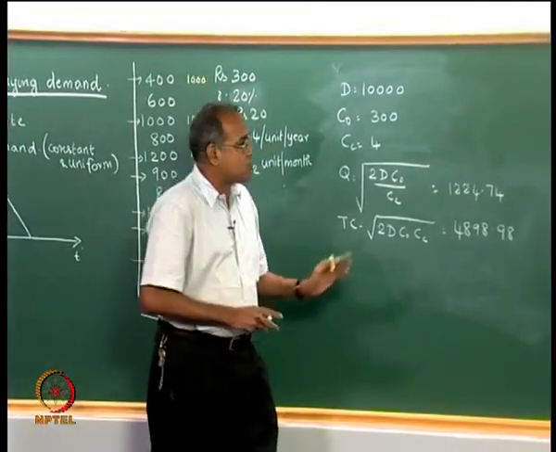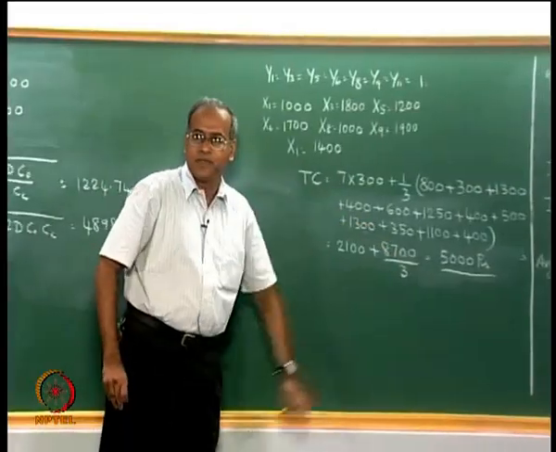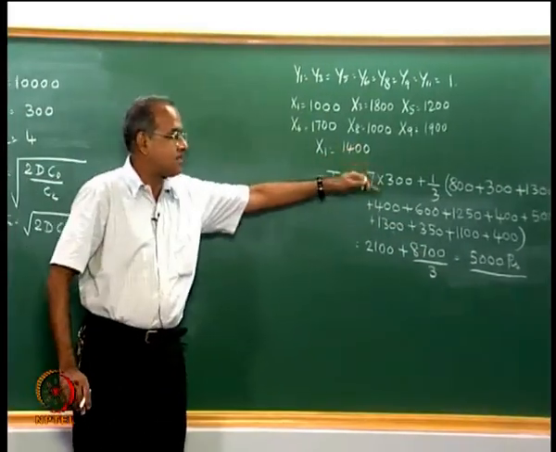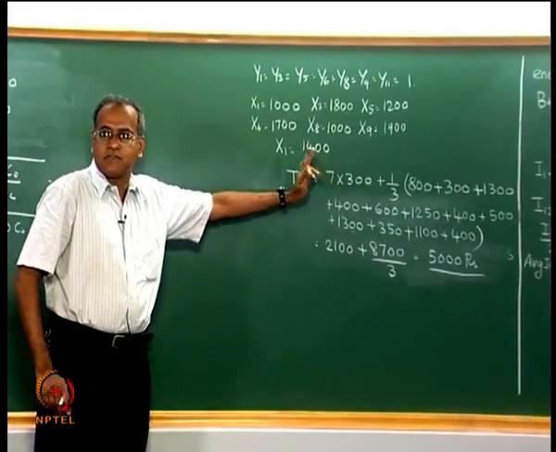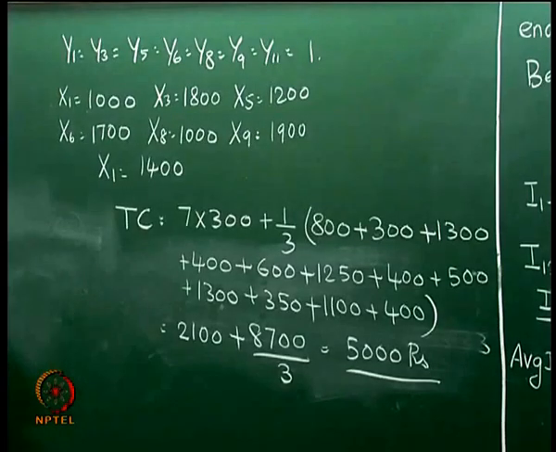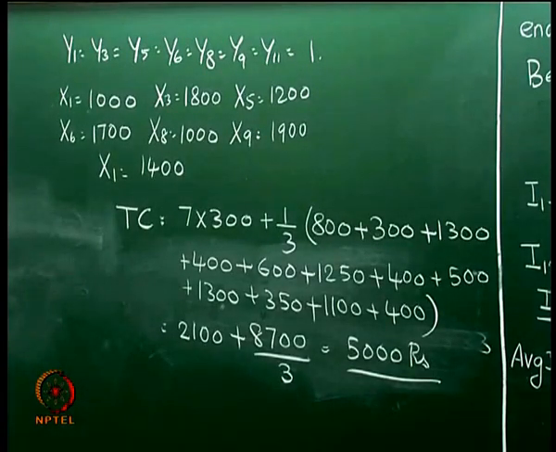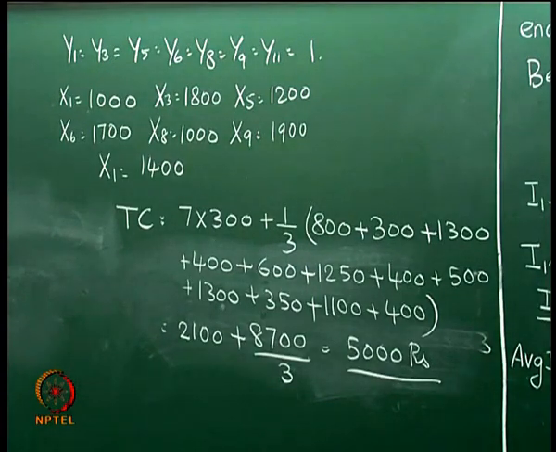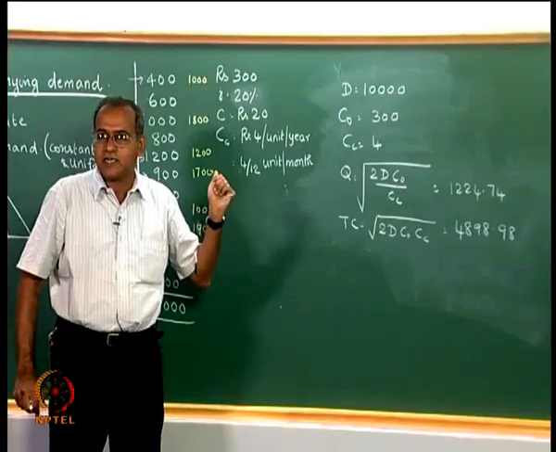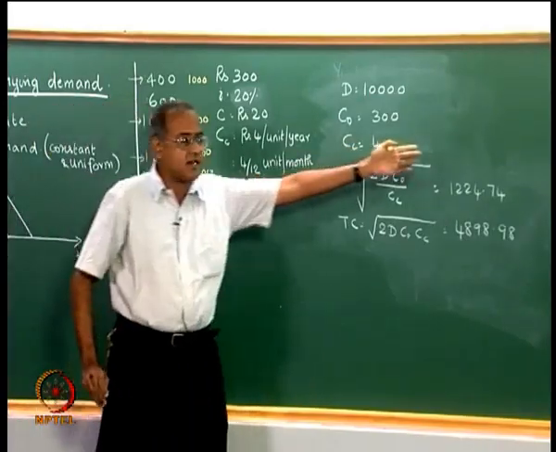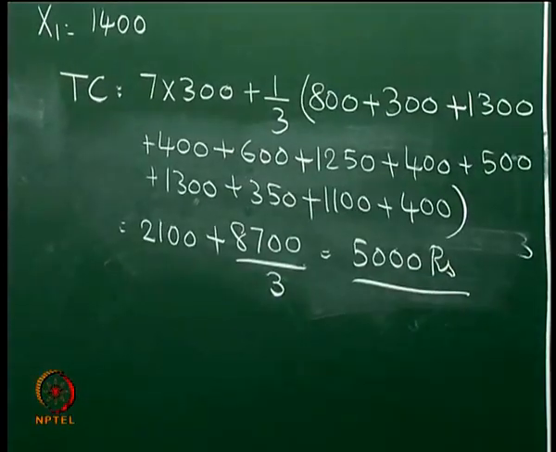It is very clear as to why this was marginally higher. That is because this problem is further constrained. This problem is further constrained for many reasons. This has a finite period, that has an infinite period; this has demand that varies with time, there you have demand that does not vary with time. So in principle this is a further constrained problem, so it gives us 5000.